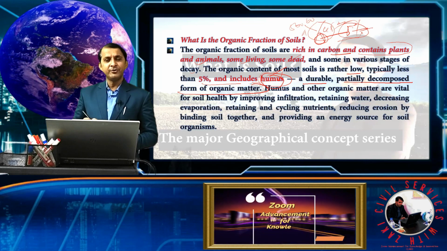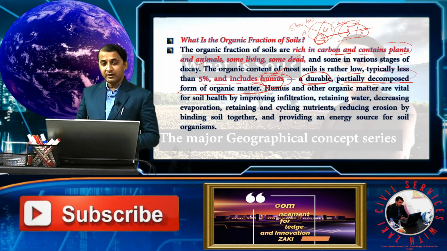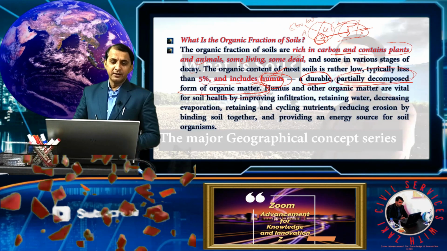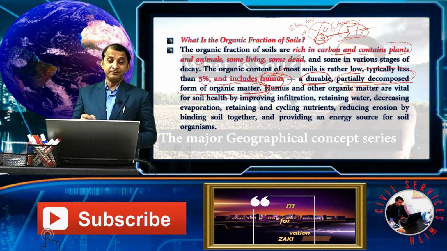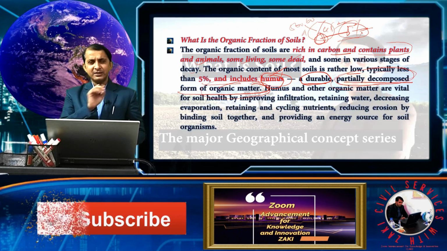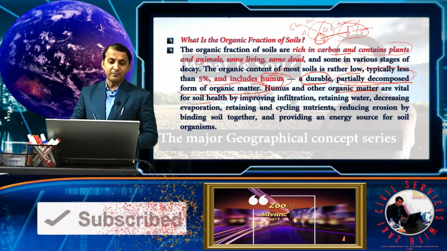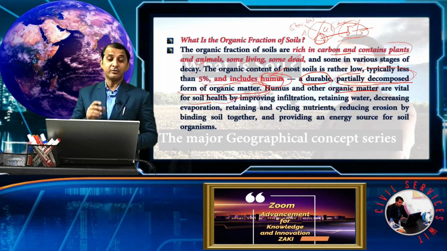So basically, what is humus? Humus is a durable, partially decomposed form of organic matter. Basically, this is also organic matter, but it is partially decomposed and durable. Humus and other organic matter are vital for soil health.